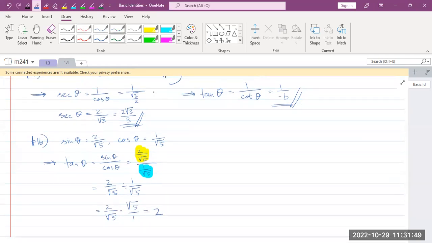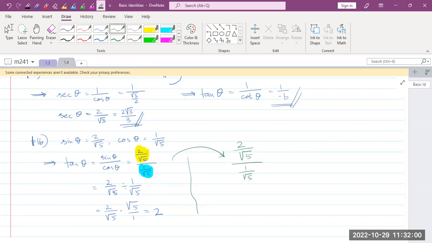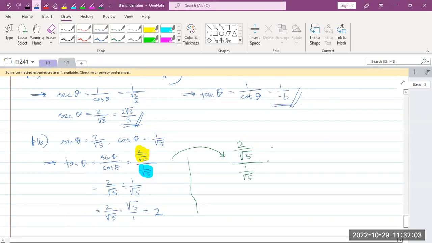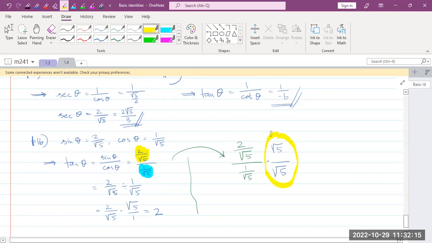There's actually another way to simplify these complex fractions. Let me show you. 2 over radical 5 divided by 1 over radical 5. We multiply the top and the bottom by the LCD, radical 5 over radical 5. I'm just multiplying by 1, since radical 5 over radical 5 is 1, so I'm not changing the value. When I multiply the top, that gives me 2.